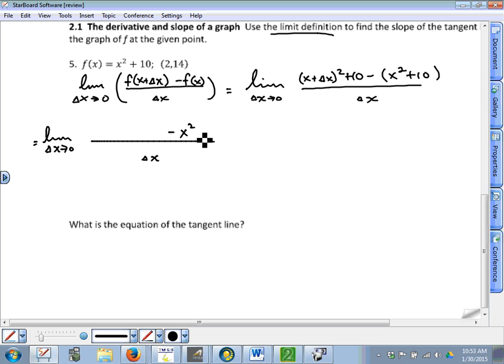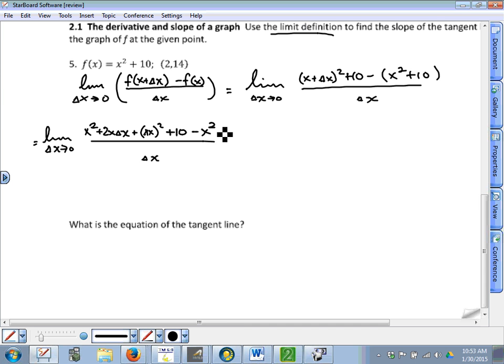So we're subtracting x squared minus 10 over here. And then x plus delta x squared is x squared plus 2x delta x plus delta x squared. And then I need to have room for that plus 10.